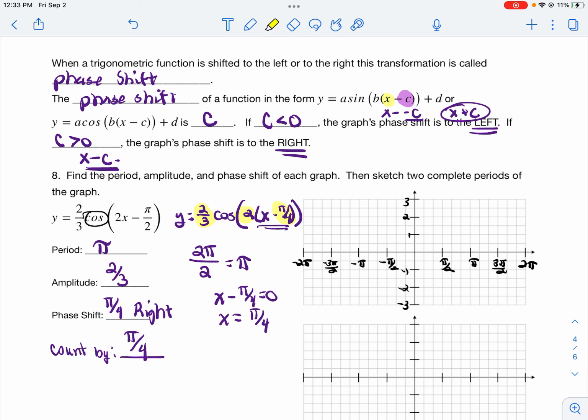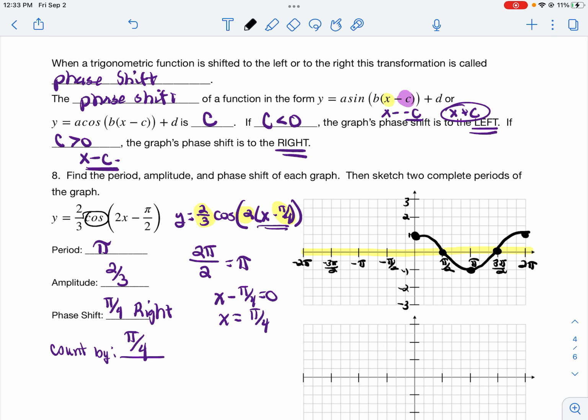Our midline is here on the x-axis. Cosine starts above by our amplitude, and for our parent function, the amplitude is 1. So above, on, below, on, above. So those are the dots that I'm going to be transforming.